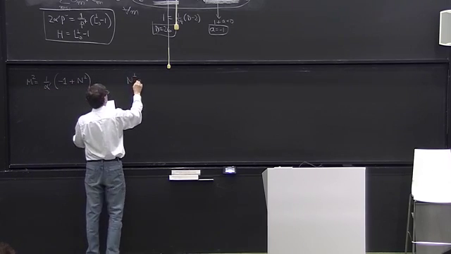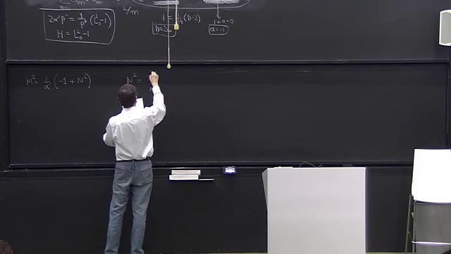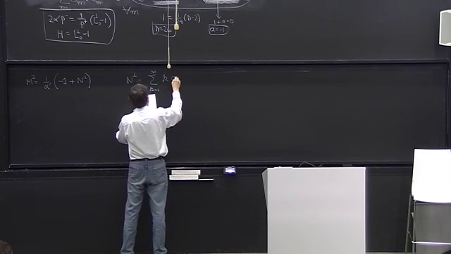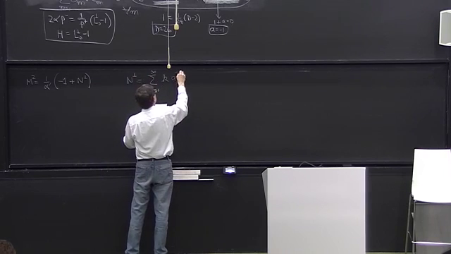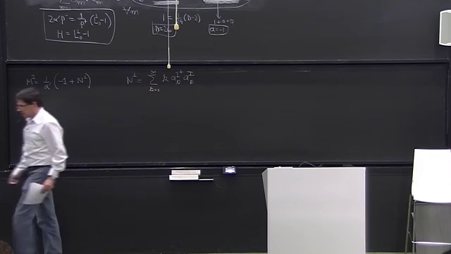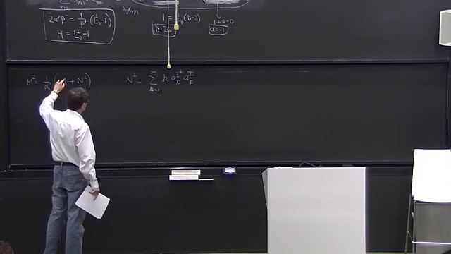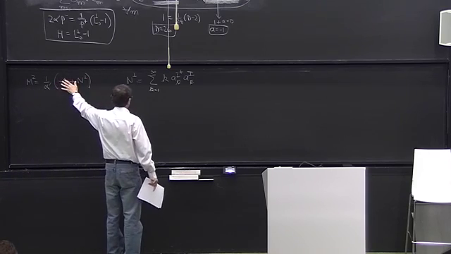That transverse number operator was the sum from k equal 1 to infinity of k a_k^i dagger a_k^i. So let's make sure you remember this. This came from L0. This is sort of the L0 minus 1 contribution.